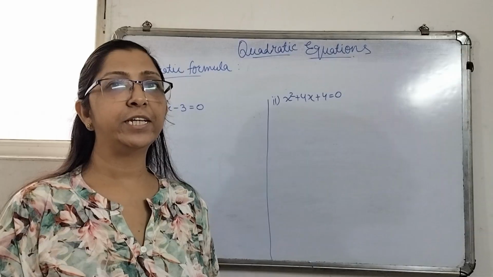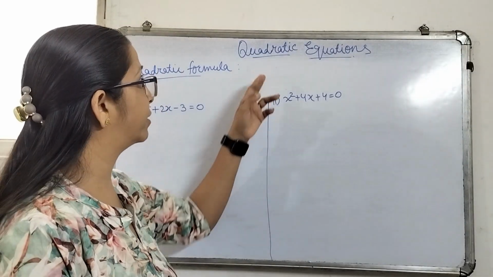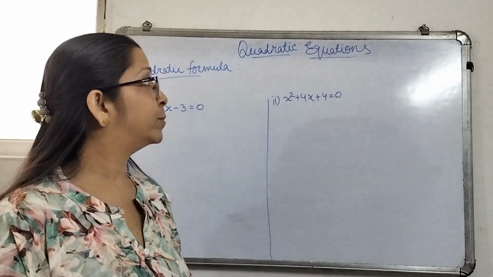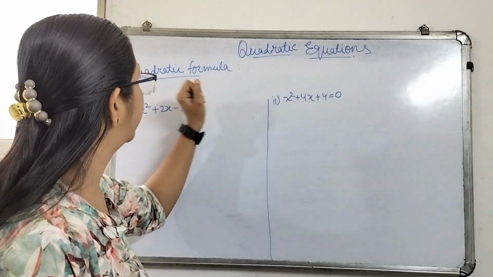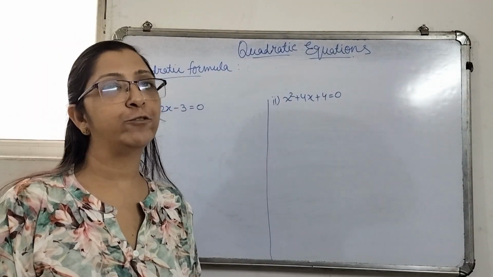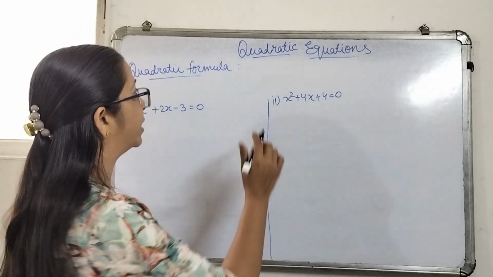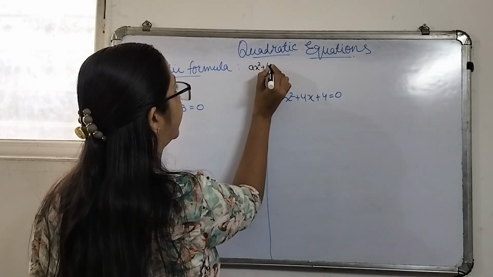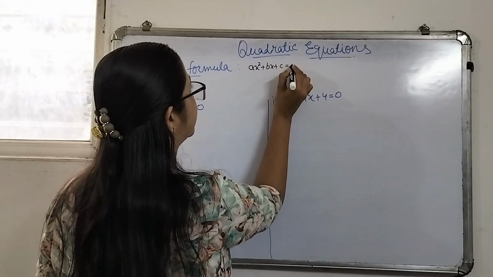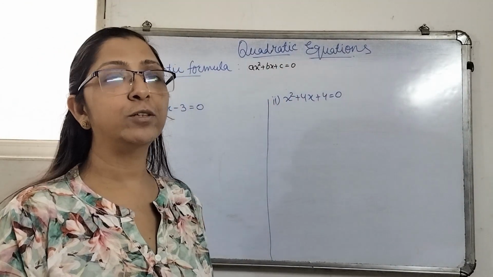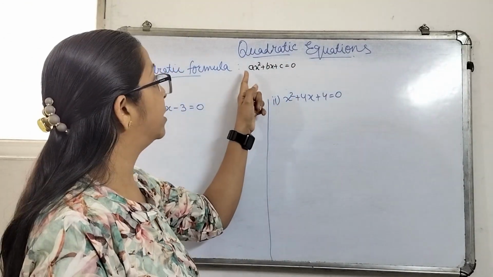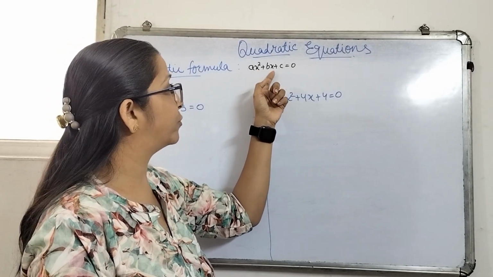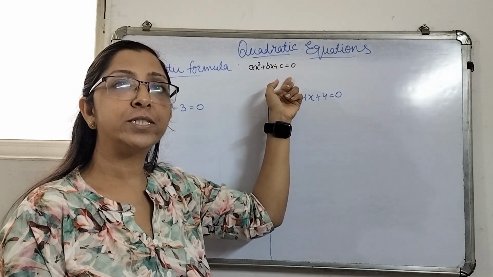Till now we have seen how to find roots of a quadratic equation using middle term splitting. Now we'll be seeing how to find roots of the quadratic equation using the quadratic formula. We know that ax square plus bx plus c equivalent to 0 is the standard form of the quadratic equation, where a is the coefficient of x square, b is the coefficient of x and c is the constant term.